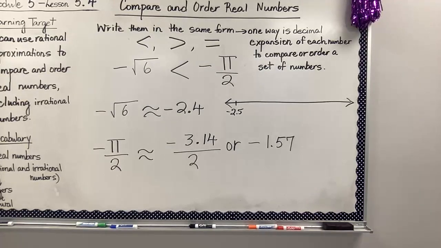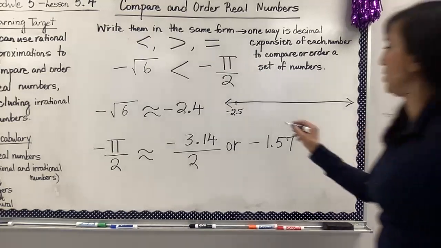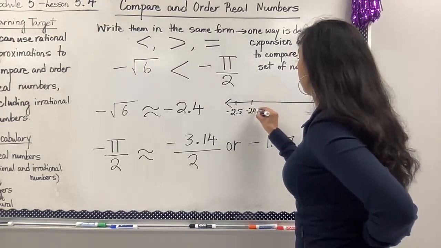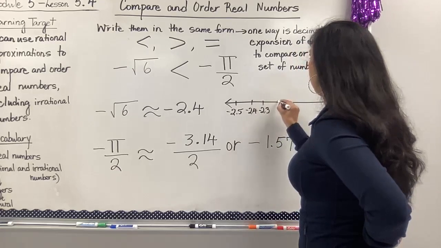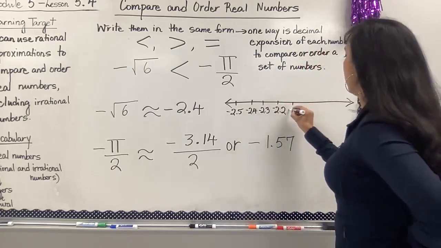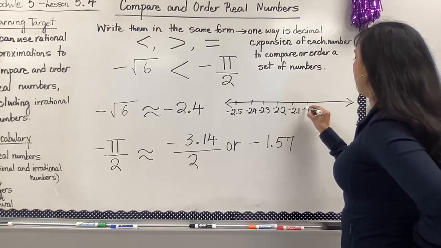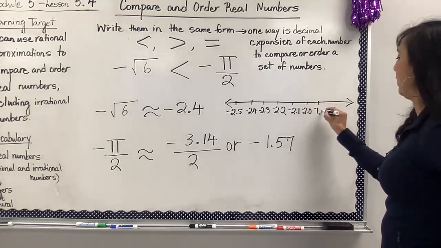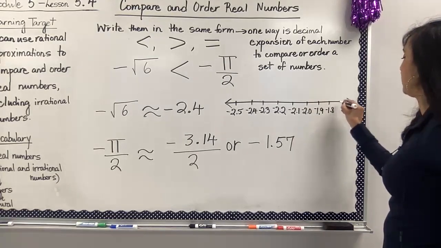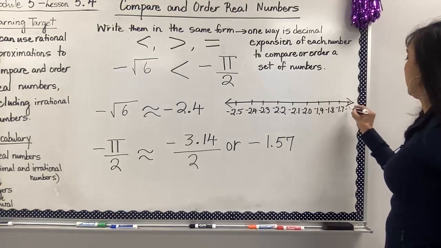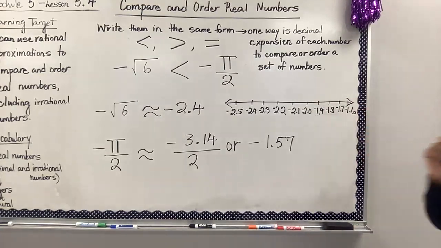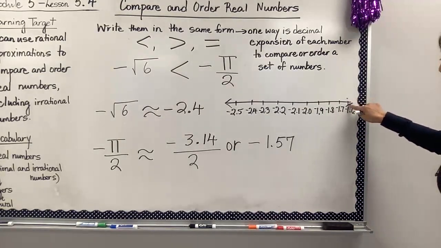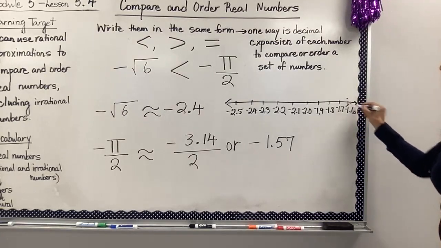Negative 2 and 4/10, negative 2 and 3/10, negative 2 and 2/10, negative 2 and 1/10, negative 2 and 0/10, and then negative 1 and 9/10, negative 1 and 8/10, negative 1 and 7/10, negative 1 and 6/10. Let's go one more, and here we have negative 1 and 5/10.